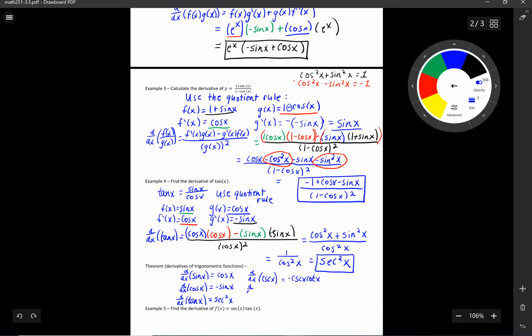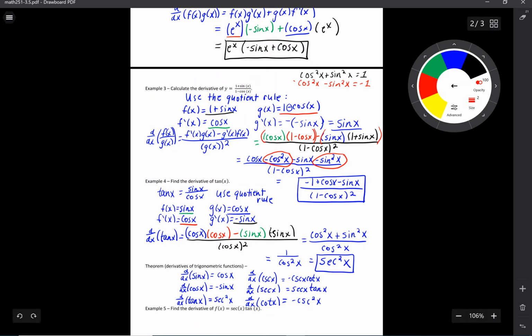The derivative of secant x is equal to secant x tangent x. And the derivative of cotangent x is equal to negative cosecant squared of x.